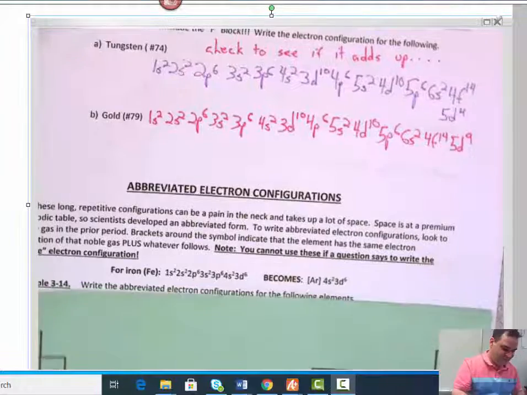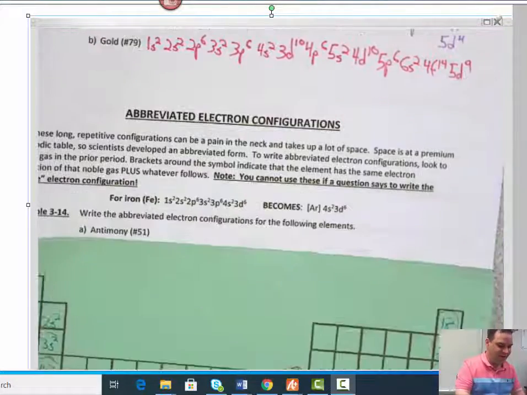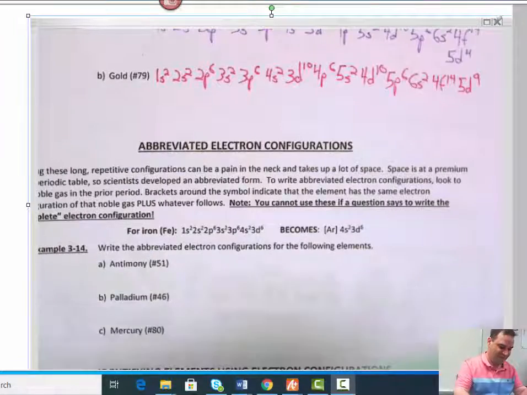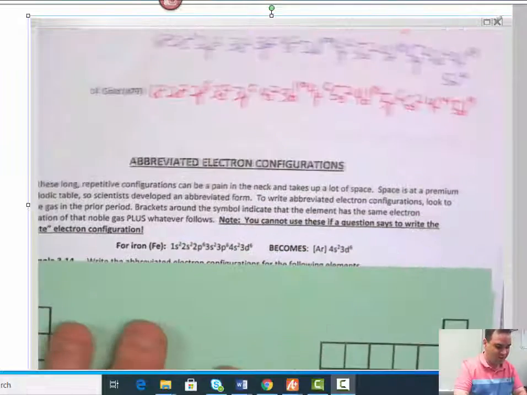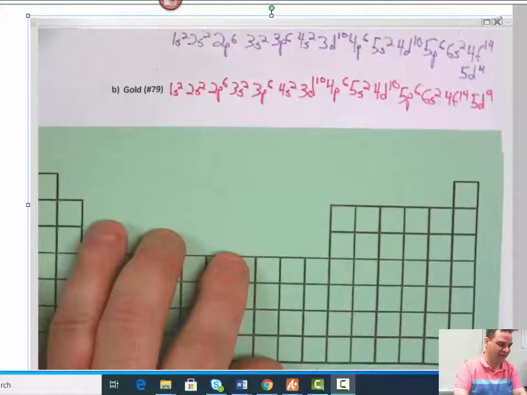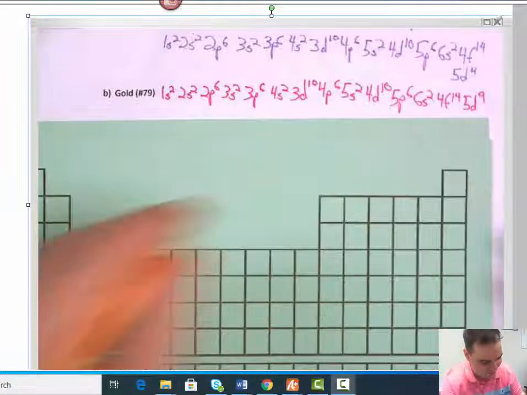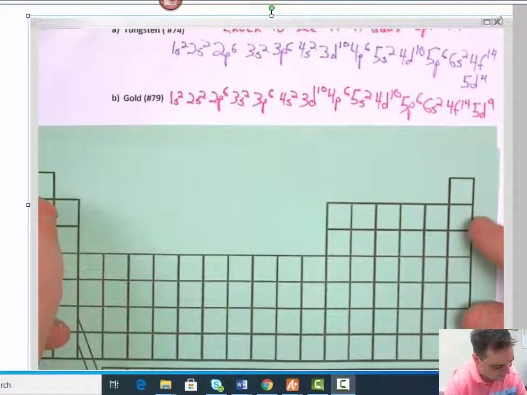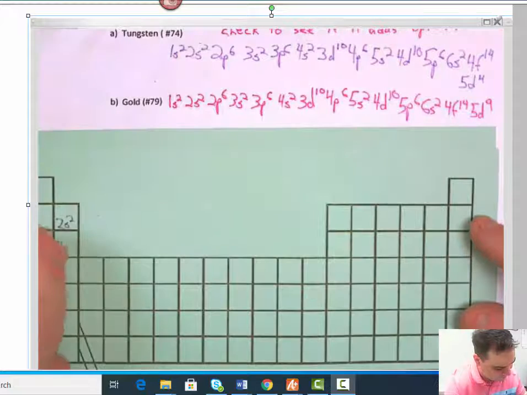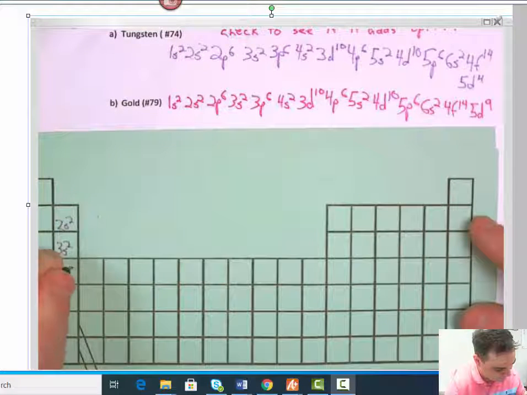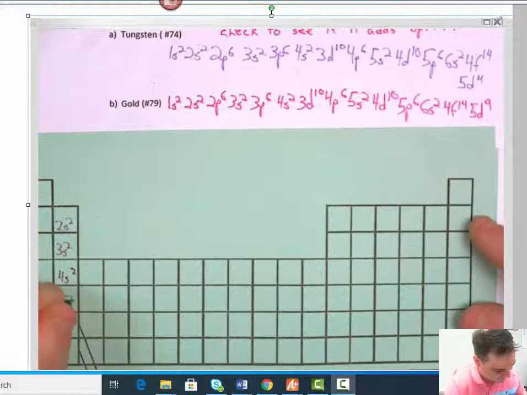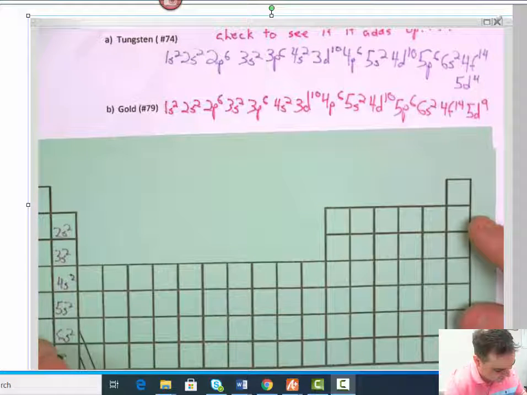Okay, now abbreviated electron configurations. This is what they call the noble gas configurations. So what they do with these is we still fill this out as 2s2, 3s2, 4s2, 5s2, 6s2, and 7s2.